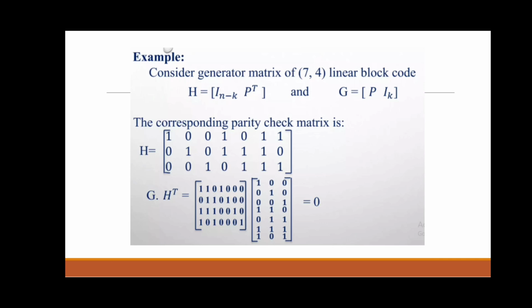So there is an example: consider a generator matrix of a (7,4) linear block code. H is given as [I(n-k) P transpose], and G is given as [P Ik]. The corresponding parity check matrix is given as this. We have just multiplied G and H transpose, and we got 0.